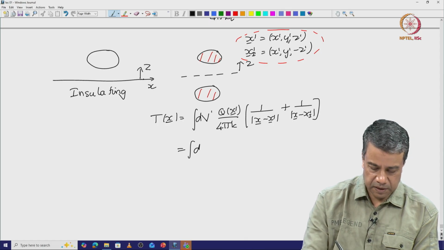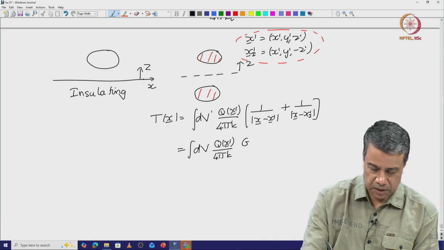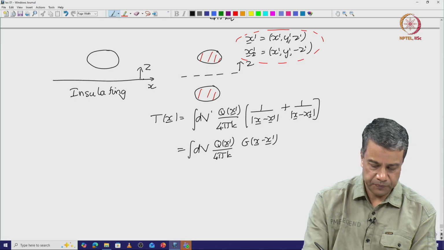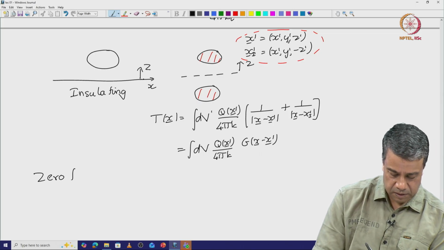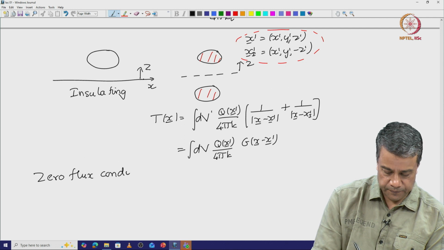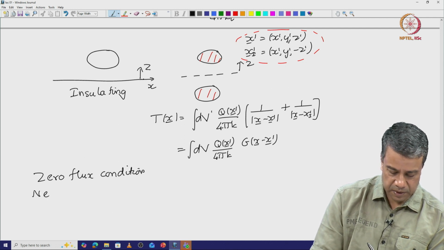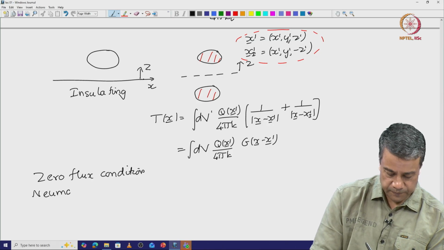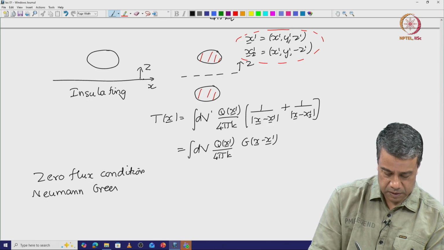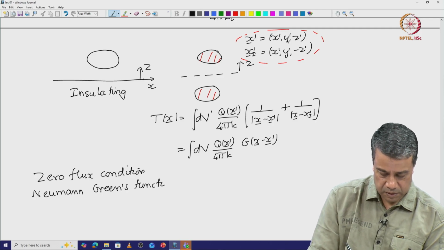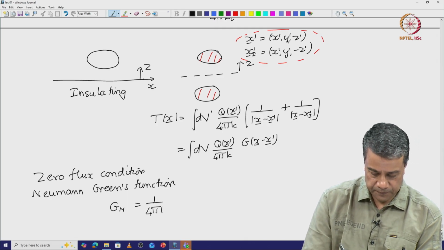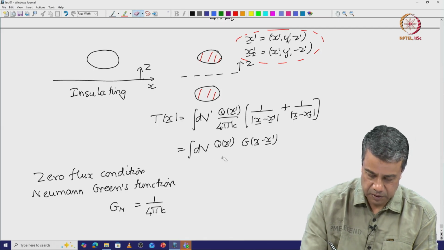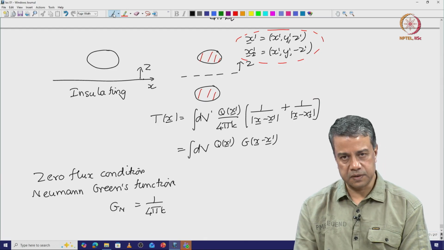This can also be written as the integral dV of q of x prime by 4 pi k into g of x minus x prime, where the Green's function for the zero flux condition is called the Neumann Green's function. I am sorry, in this formula I should not have 4 pi k here. The 4 pi k comes into the definition of the Green's function.